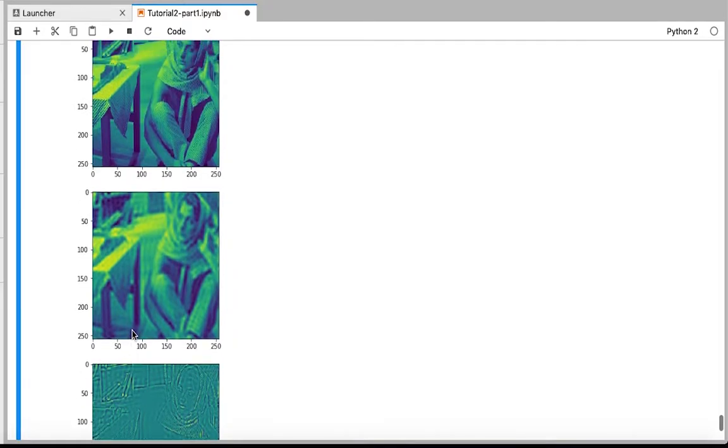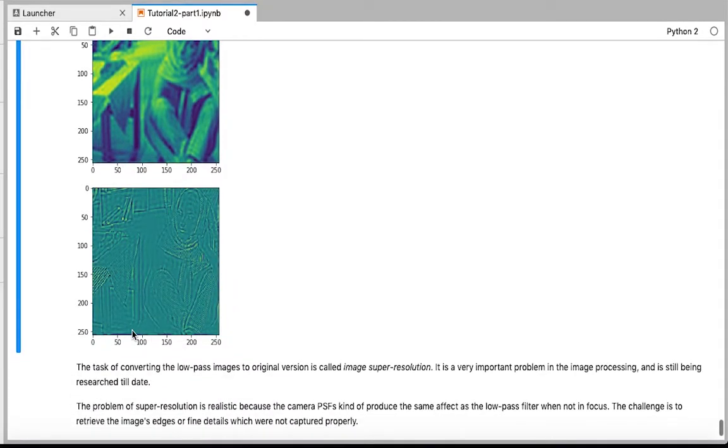This problem is realistic, because when you have cameras with a PSF which is modified and creates a blur, it's similar to cutting down the high frequencies. If you have shakes in the camera, or if you're not focused enough, you get images with no high frequencies and you want to recover them.